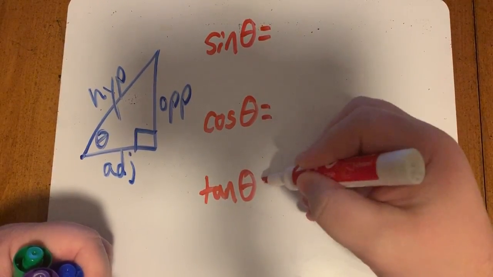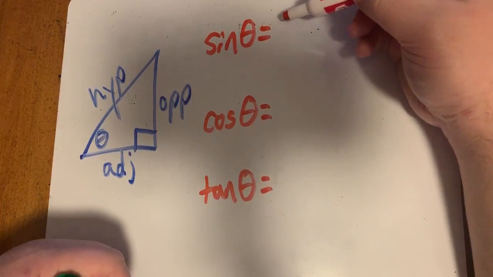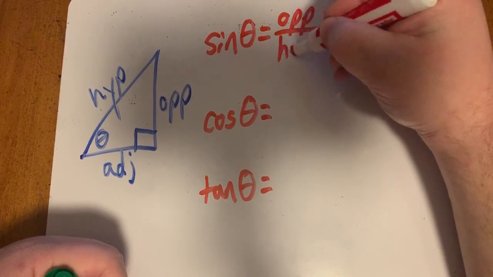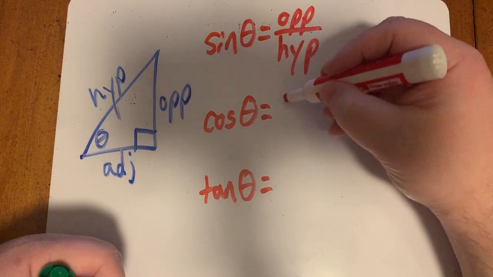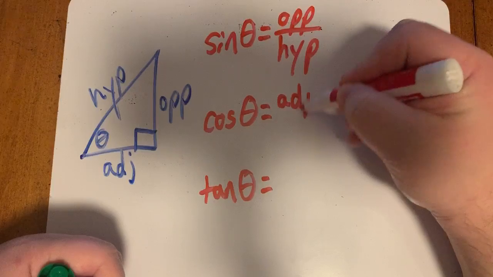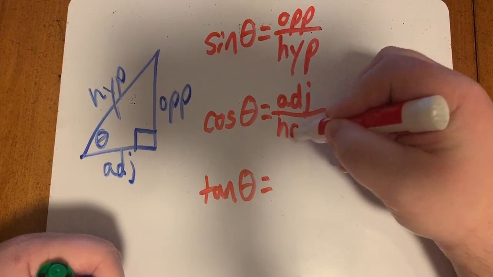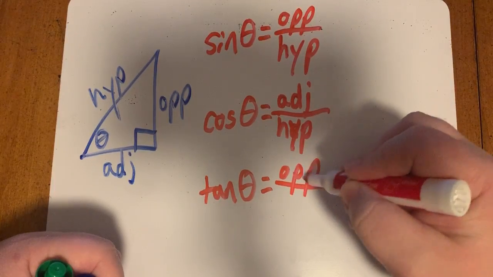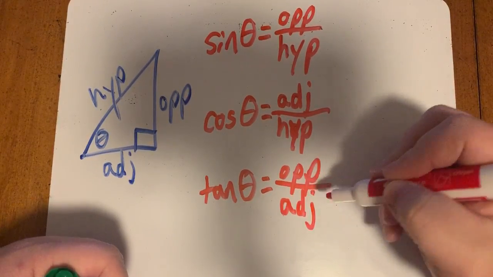And sine is defined as the ratio of the opposite side to the hypotenuse. Cosine is the ratio of the adjacent side to the hypotenuse. And tangent is the opposite side to the adjacent side.